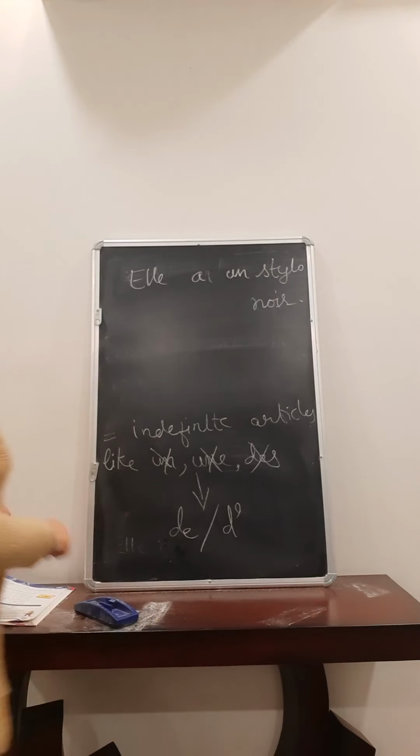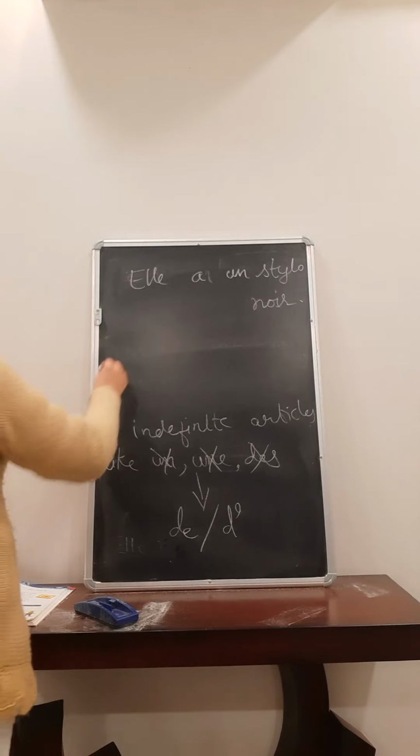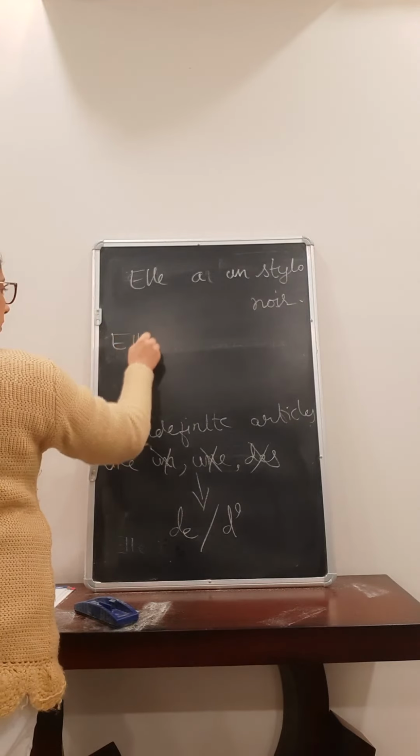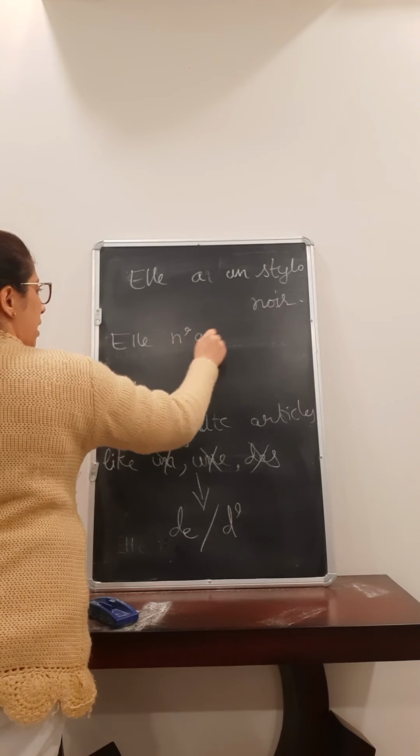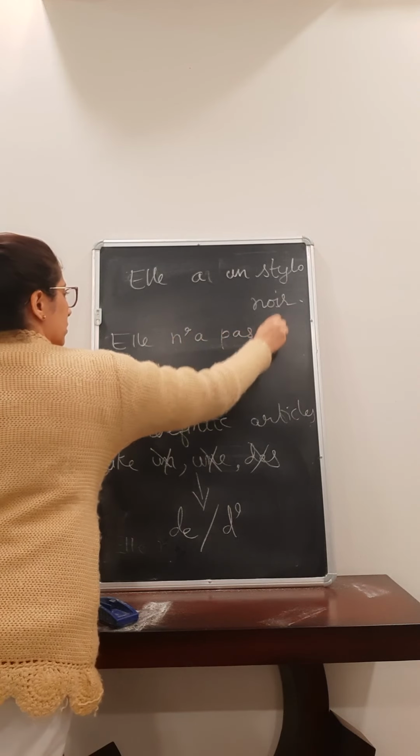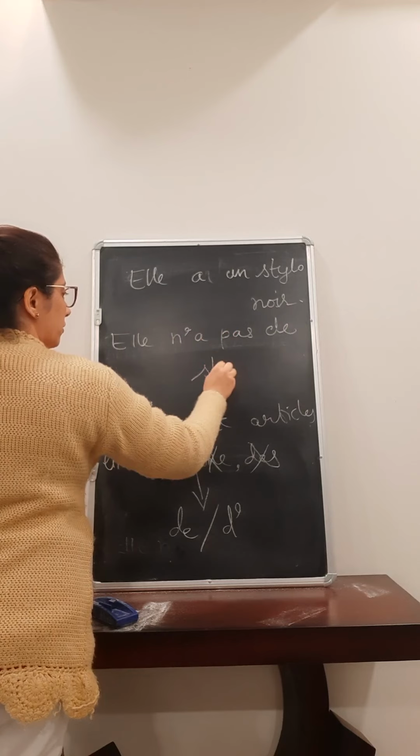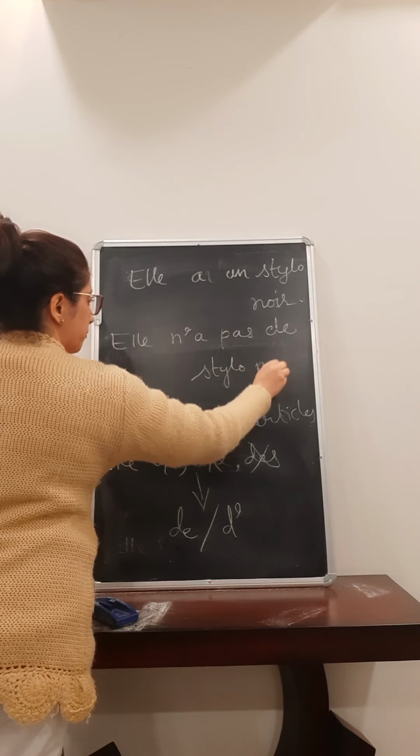She has a black pen. She doesn't have a black pen: elle n'a pas de stylo noir. She doesn't have a black pen.